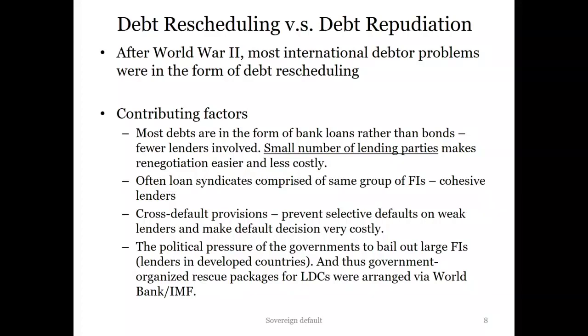Sometimes, especially with very corrupt governments, when they find financial difficulties paying the debt, they may think, well, these lenders are small financial institutions, they don't have much power, I will choose to default on them and still continue to pay the other powerful lenders. So cross-default provisions prevent that kind of thing from happening.